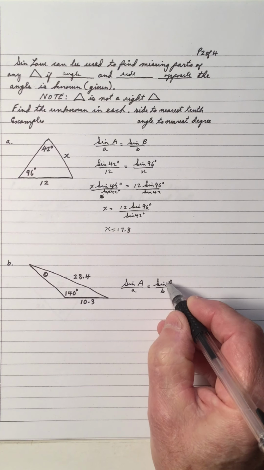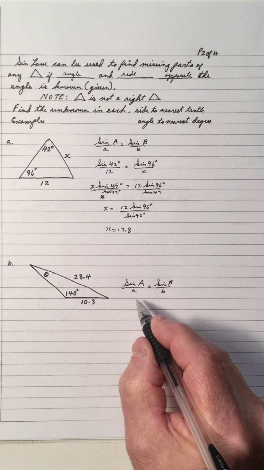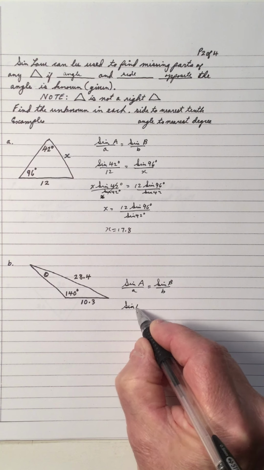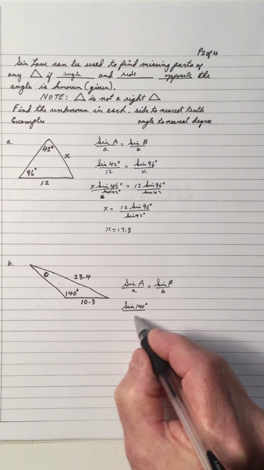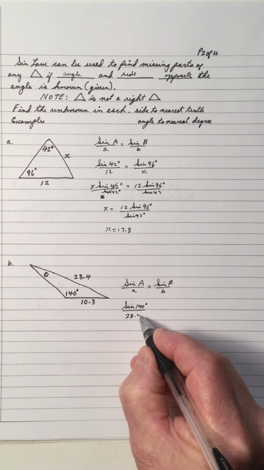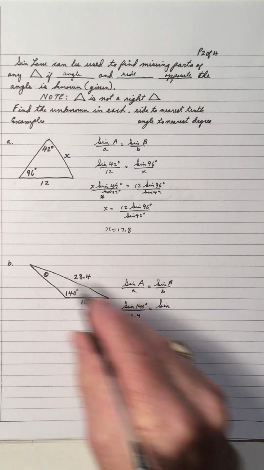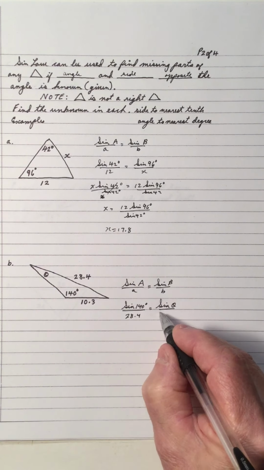Now I could have angle C and small c, but I just write A and B. So let's go with the sine of 140 degrees. 140 goes with 28.4 equals the sine of theta over 10.3.